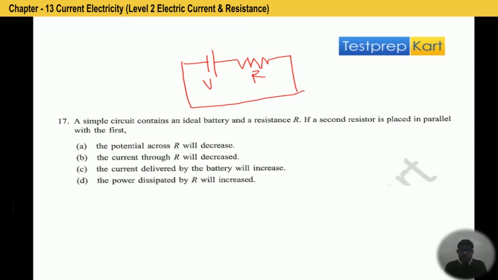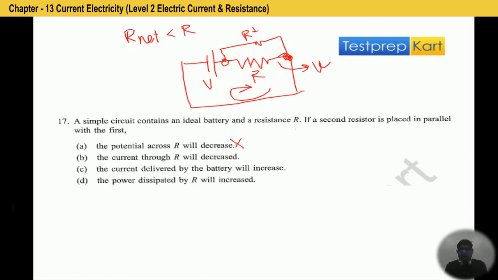Now a second resistance R2 is connected in parallel with the first. As the battery is ideal, the potential across this resistance should be V. If we connect anything in parallel, the voltage remains the same, so there will be no change in potential difference across R. Second, when we connect two resistors in parallel, R net would be smaller than the initial resistance.